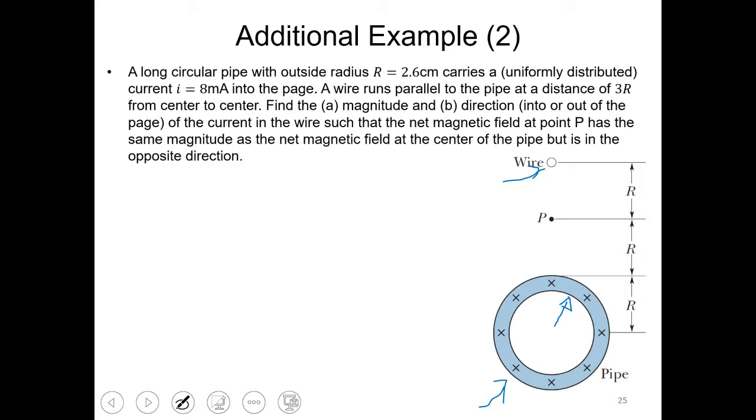So we need the magnetic field at point P to have the same magnitude but opposite direction compared with the center of the pipe at this point.